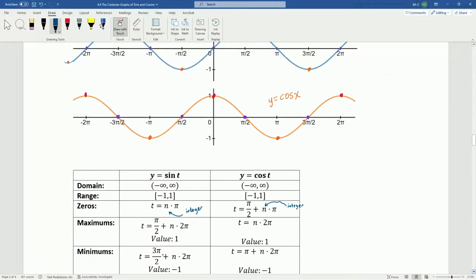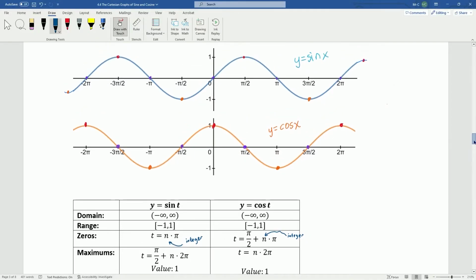And when we look at the minimums, the minimums are when sine or cosine are negative 1. So for sine, the first positive x value associated with the minimum of negative 1 is 3 pi over 2. We could subtract 2 pi to get another minimum, or we could add 2 pi to get to another minimum.